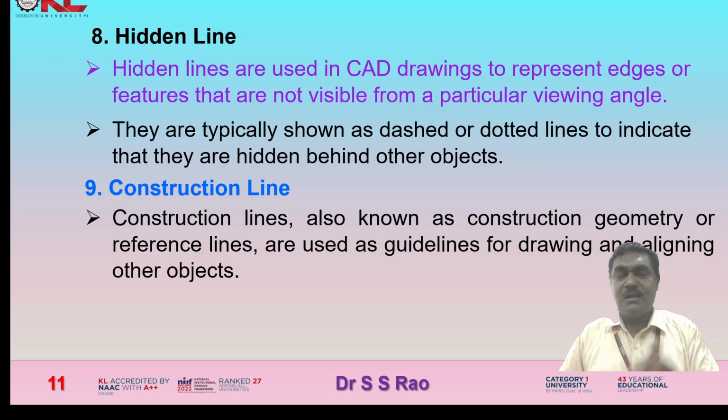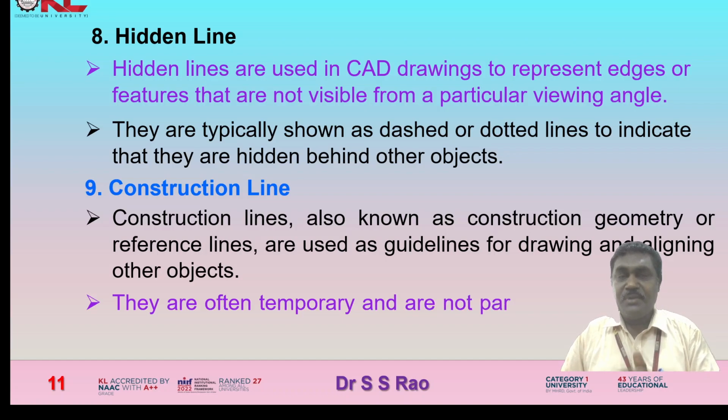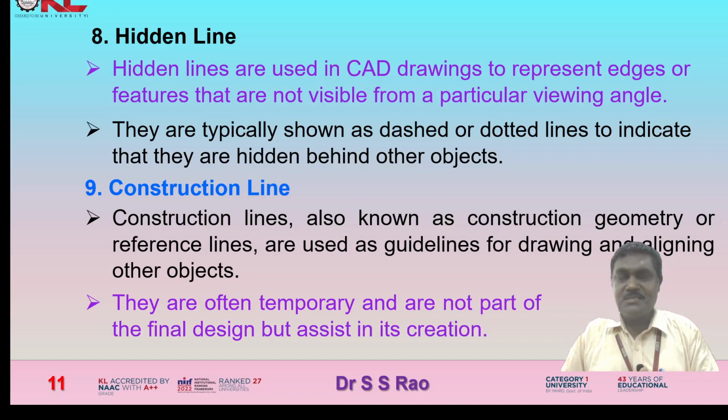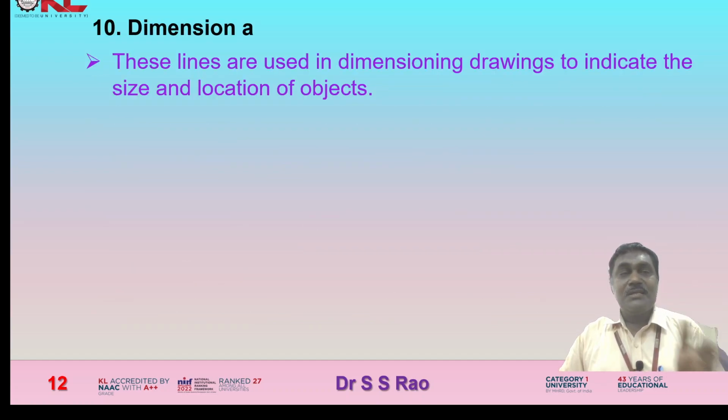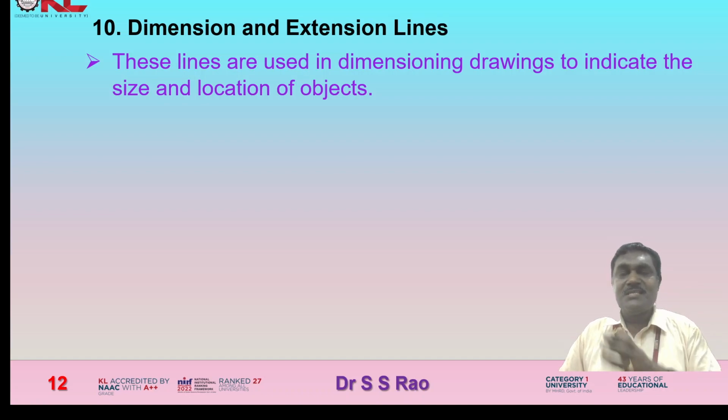Next, construction lines. Construction lines, also known as construction geometry or reference lines, are used as guidelines for drawing and aligning other objects. They are often temporary and are not part of the final design but assist in its creation. The tenth is the dimension and extension lines.